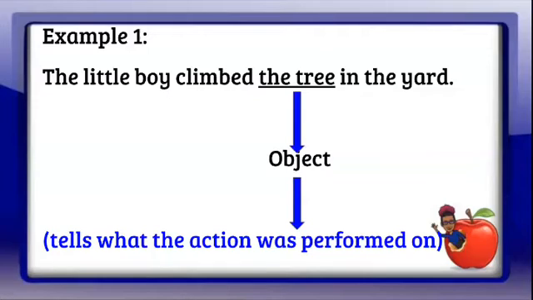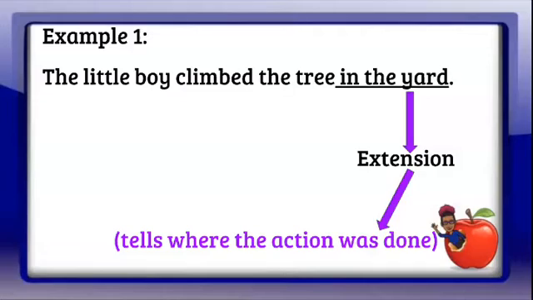Step 3, we find the object of the sentence, which was the tree. And remember, the object tells what the action was performed on. And our final step, find the extension. Now the extension tells us where the action was done, and in our sentence, in the yard.